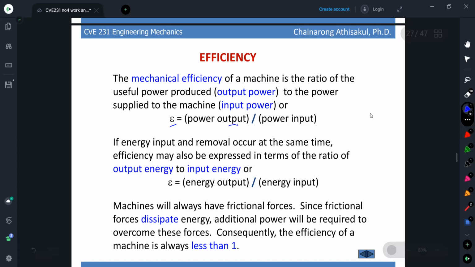From this equation, the efficiency of a mechanical system is normally not greater than one. It should be less than one.